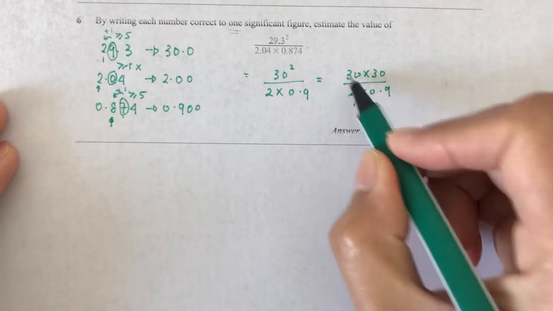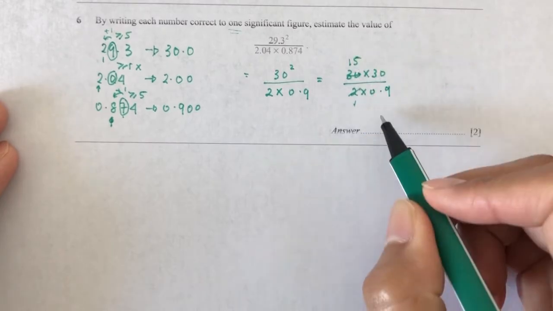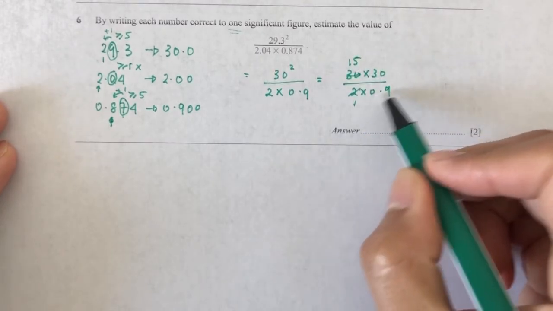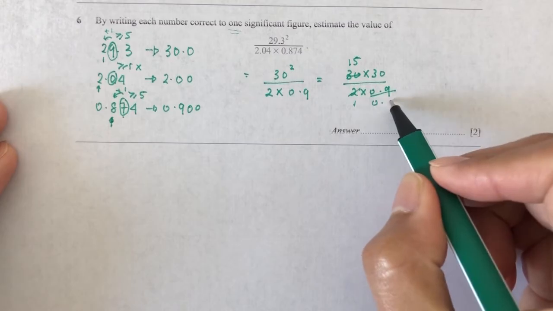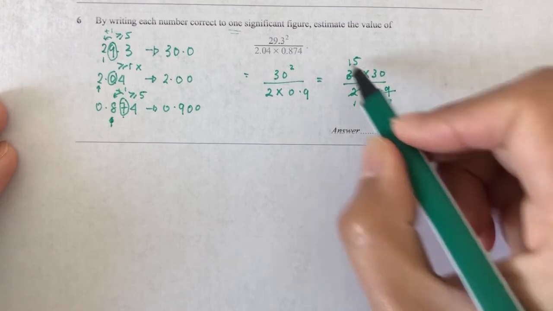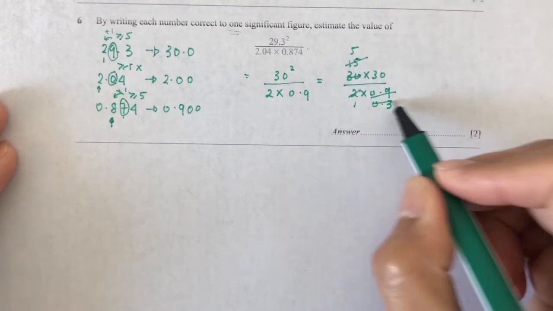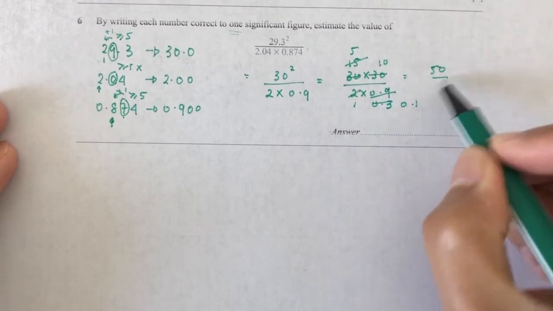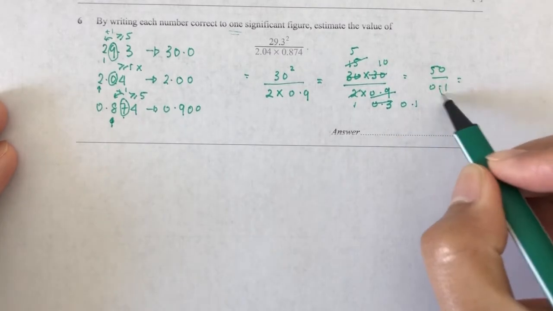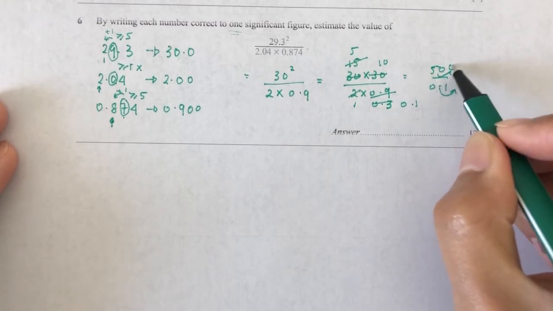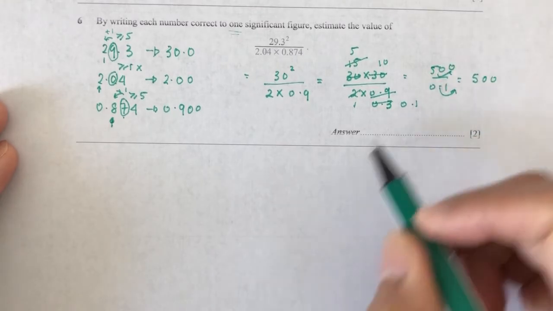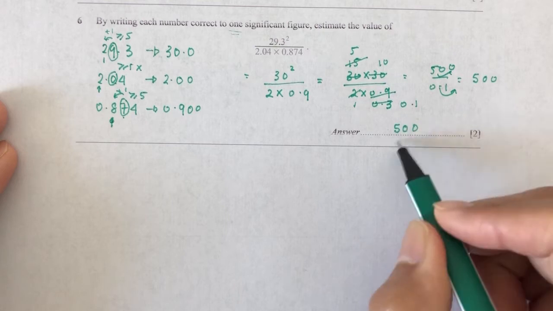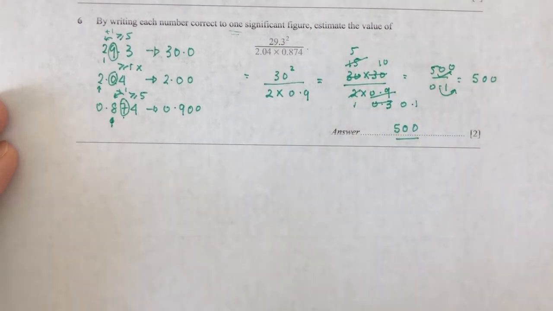We have 15 divided by 0.9, 3, 0.3. That will be 5. Divided by 3 again will be 0.1. That will be 10. So we have 50 divided by 0.1, which is, move one decimal place, we have to add a 0, so 500. So the estimated value will be 500 for this fraction.